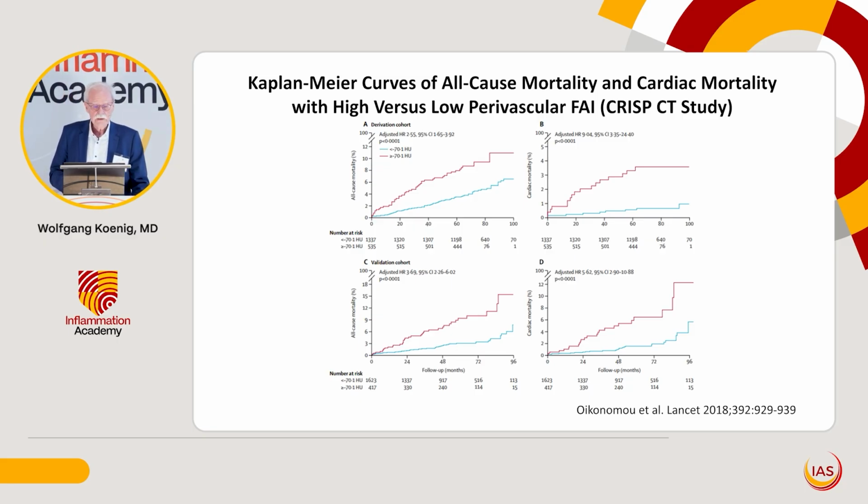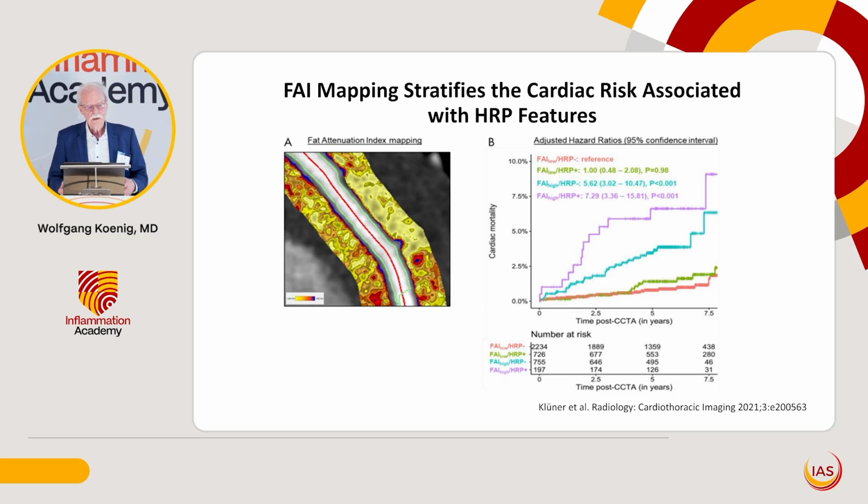Another analysis simply looked into these derivation and validation cohorts that I mentioned here, and looked into high and low perivascular fat index, and I think you can nicely see that these curves are tremendously separating from each other. So there's quite clearly a significant effect. And this fat attenuation index also may be able to better stratify cardiac risk associated with high-risk plaque features.